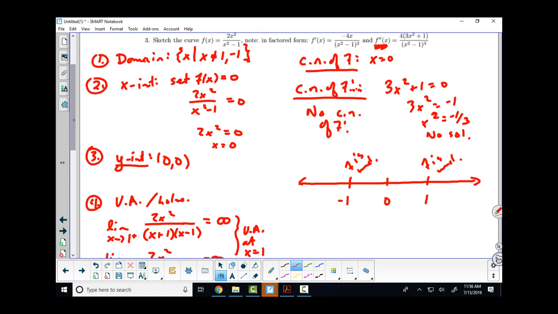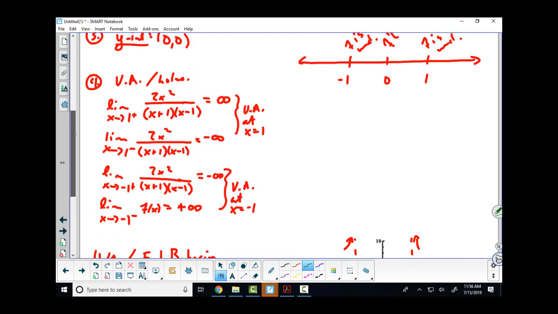So I agree that we're going to put 0 up here, but how come? It's a critical number of f. Specifically, it was where f's derivative was 0. Good job.